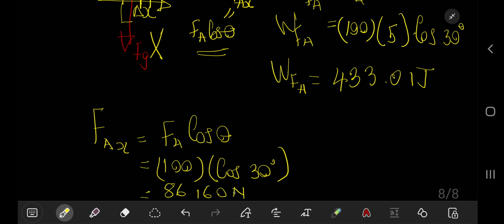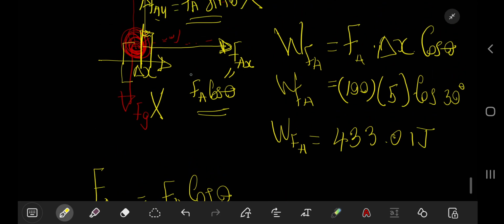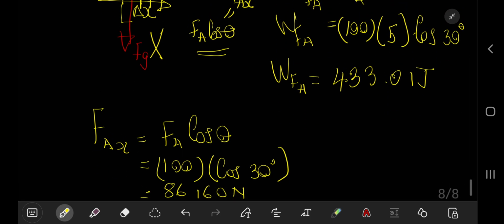So the force that does work is the horizontal component, because it's in the direction of the displacement. If we calculate the work done by this horizontal component, it is equal to the horizontal component multiplied by the displacement and then cos the angle between the horizontal component and the direction of the displacement.